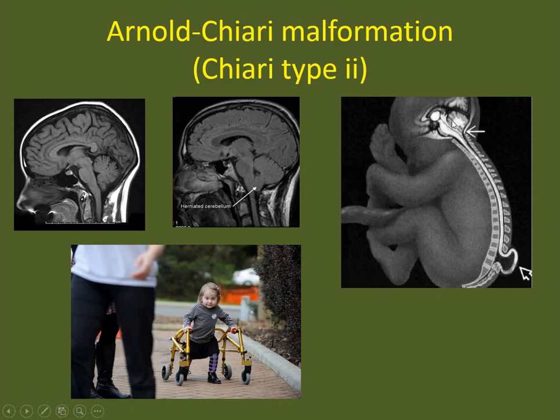So the moment you close it, the CSF accumulates, causing a hydrocephalus. That is one theory. Another theory is that due to this leakage of CSF, the cerebellar tonsils herniate and cause an obstruction here, causing hydrocephalus. So either way, the hydrocephalus may be seen immediately after birth or after closure. So it could be the cause or the effect or association, right?